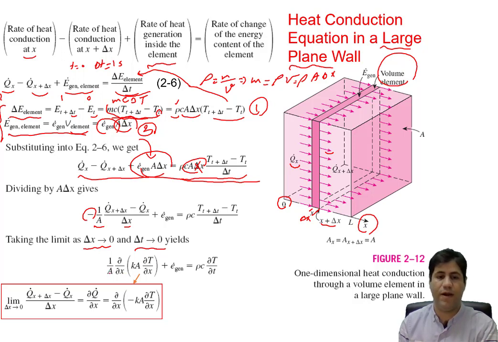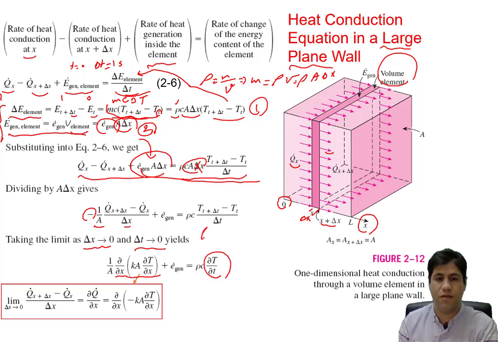So 1 divided by A times the partial of Q̇ with respect to x, plus the generated heat, equals ρ c, where rho is density, times the partial of temperature with respect to time.